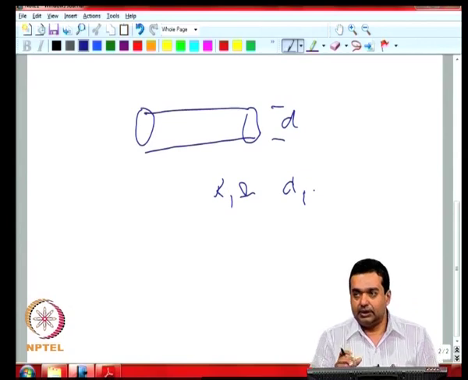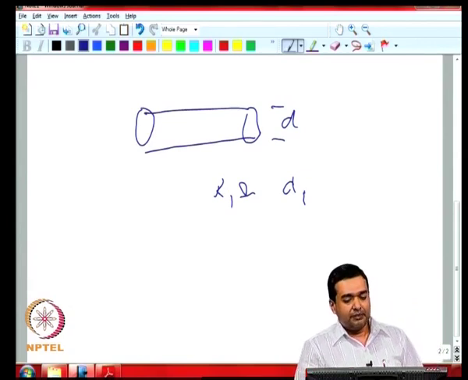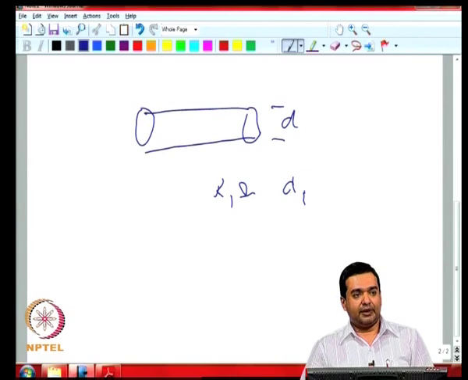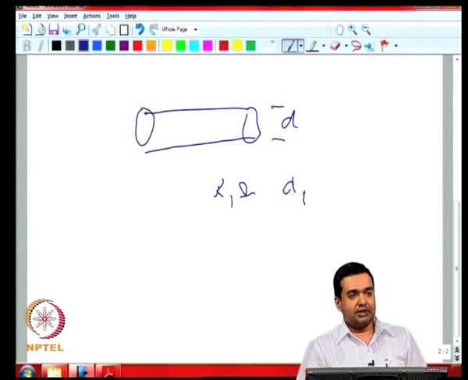Say you want to reduce the loss in that wire, and you decide to double the diameter. If you double the diameter, the area of cross section would go up by a factor of 4. So, your resistance would come down by a factor of 4.